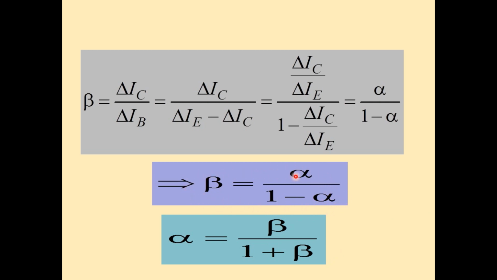For numerical problems, this formula is important. So by cross multiplication we can get the alpha value also. Beta minus beta alpha equal to alpha. So beta equal to alpha times 1 plus beta. Therefore alpha equal to beta by 1 plus beta.